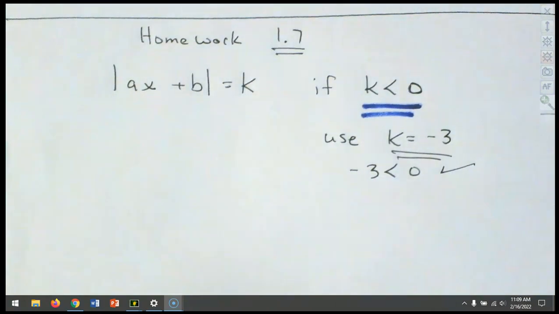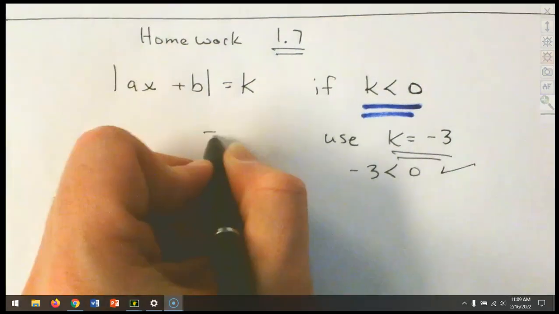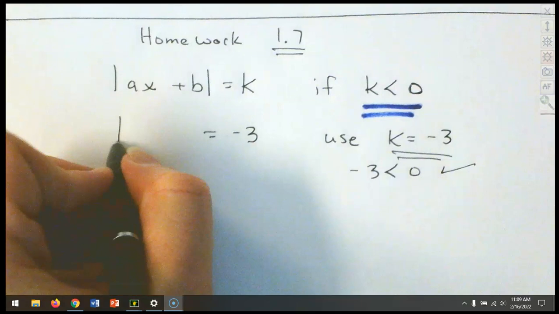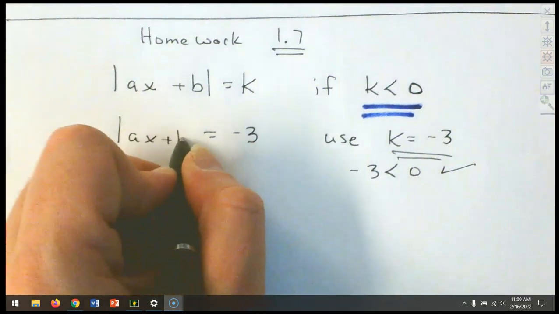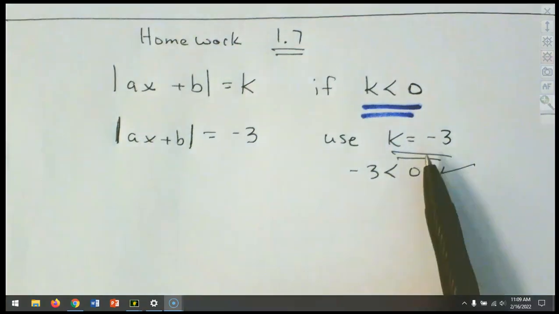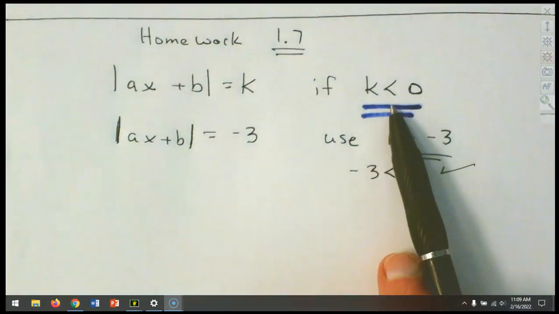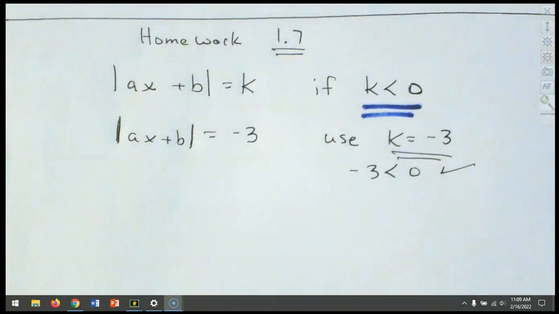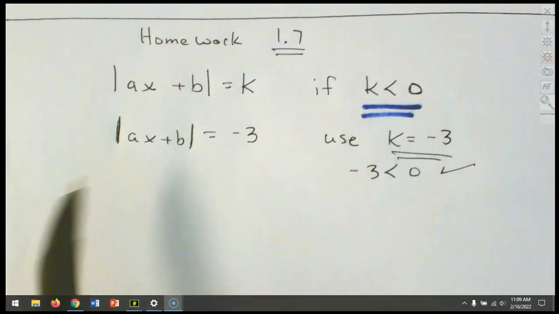It just tells us that k has to be less than 0. So we're going to pick a random number that's less than 0, and we're going to see how we would solve this absolute value here. Now, I chose negative 3 because negative 3 is what? Less than 0. I could have chosen negative 20. It won't matter, as long as you pick a value that is less than 0. That's what it says. Okay, it's got to be less than 0.